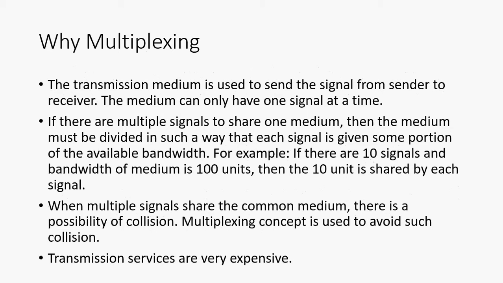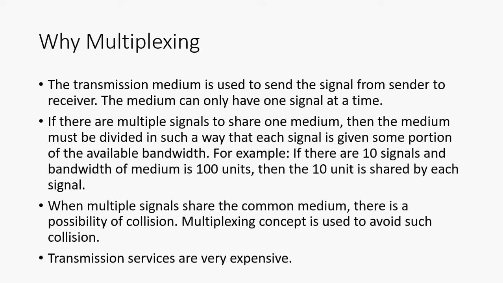So, why we need multiplexing? Whenever you are going to transmit some data from one location to another location in networking, the transmission medium is used to send the signals. The medium can only have one signal at a time. If there are multiple signals to share one medium, then the medium must be divided in such a way that each signal is given some portion of the available bandwidth.